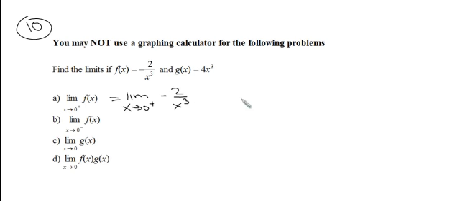So I need to figure out if it's going to tend to negative or positive infinity. Since it's approaching 0 from the right, it's almost similar to substituting a number to the right, so 0.1 or 0.01. If we substitute 0.01 to the third, this is a really small positive number.